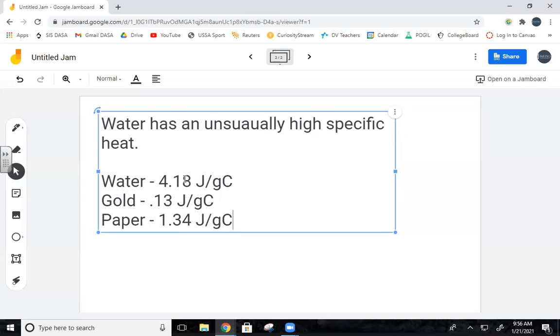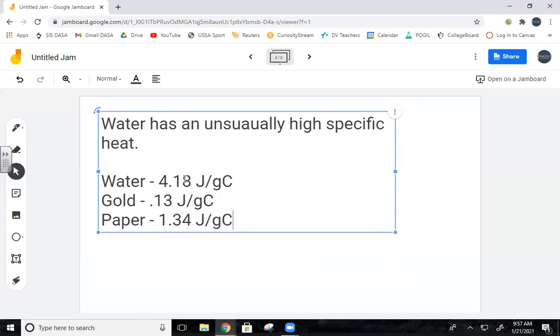It takes more energy. Okay? Water actually has an extremely high specific heat, and we'll get into why that is when we get to intermolecular forces. But what I want you to know right now is that it's difficult to heat water in comparison to other things.